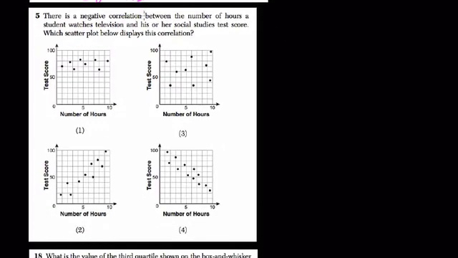Okay, next one. There's a negative correlation between the number of hours that a student watches TV and their social studies test scores. Which scatter plot displays this correlation? So negative correlation, be clear about this, is about the x and y axes.